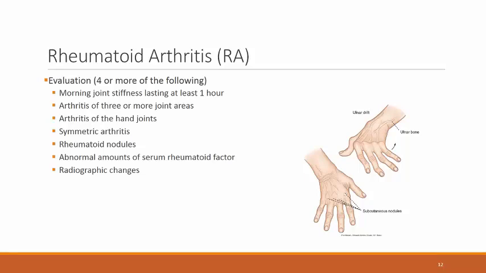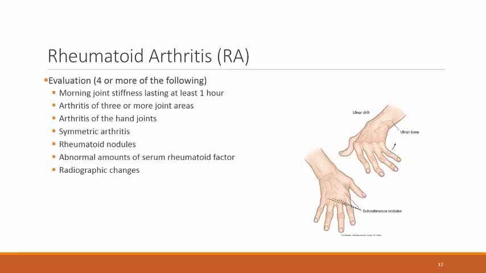Morning joint stiffness that lasts at least one hour, arthritis in three or more joint areas, arthritis in the hand joints, symmetric arthritis, rheumatoid nodules, which are subcutaneous nodules present in the patient with rheumatoid arthritis, elevation of rheumatoid factor in the blood test, and X-ray changes such as ulnar deviation or ulnar drift.